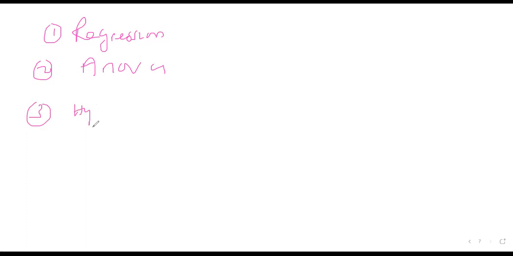Number 1 is regression. Number 2 topic that you should identify is ANOVA, which I'll teach in the evening. Number 3 topic is hypothesis testing. Number 4 is statistics, the mean mode. That one is number 4 because it's bulky.